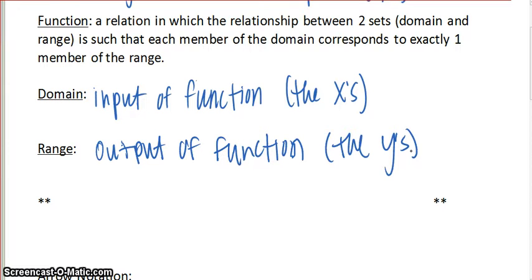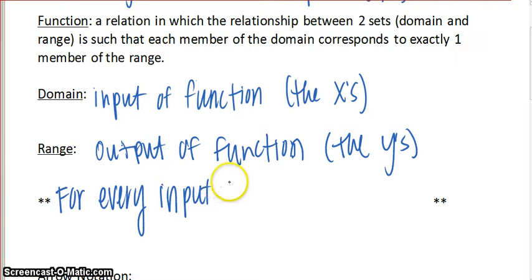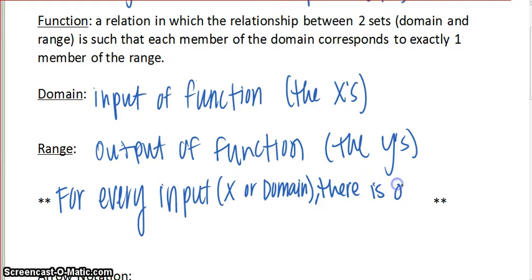So basically, our little short version, and I put little stars because this is what a function is and an easier way to think about it: for every input, which we know is the same as x or domain, they're all linked together, there is only one output, which is the y or range.